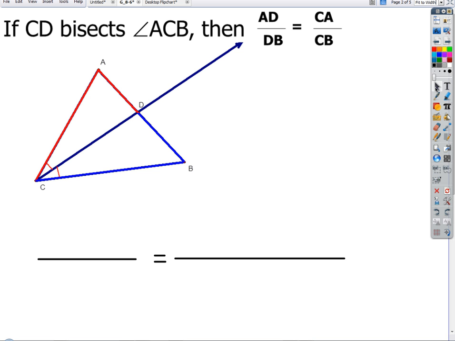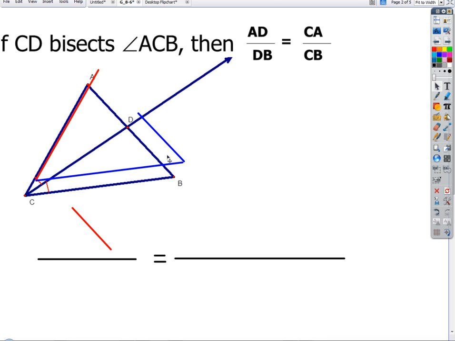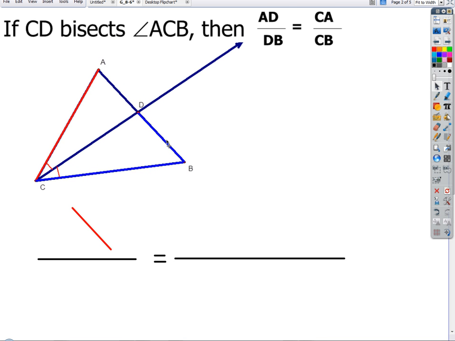So the ratio of AD over DB has to equal the ratio of AC, or CA, whatever you want to call it, over CB. See how that works? Okay.